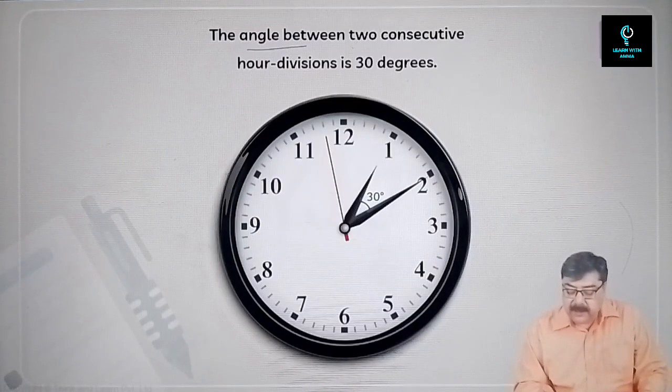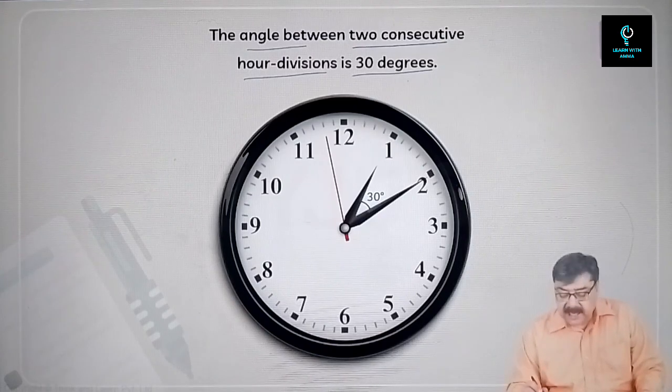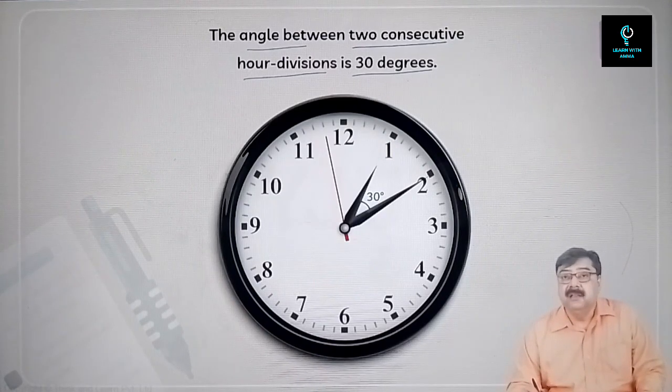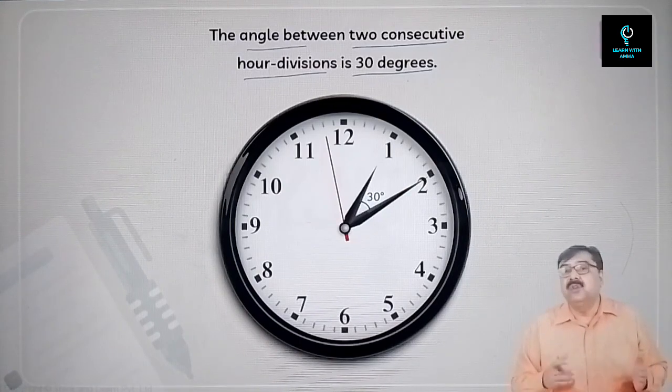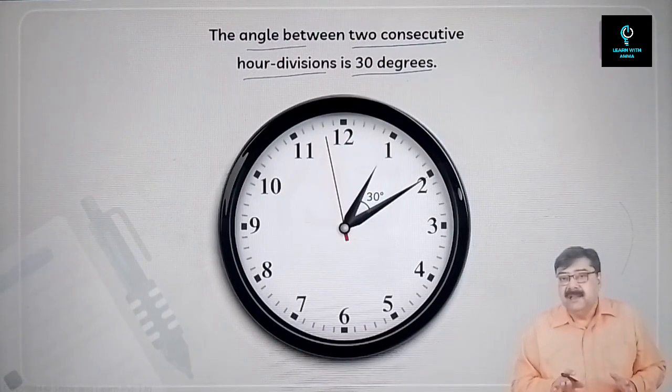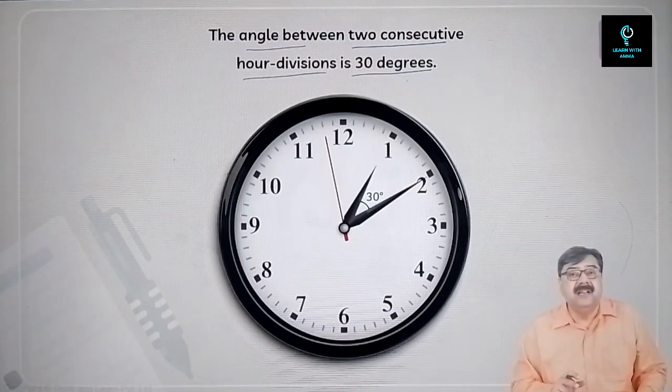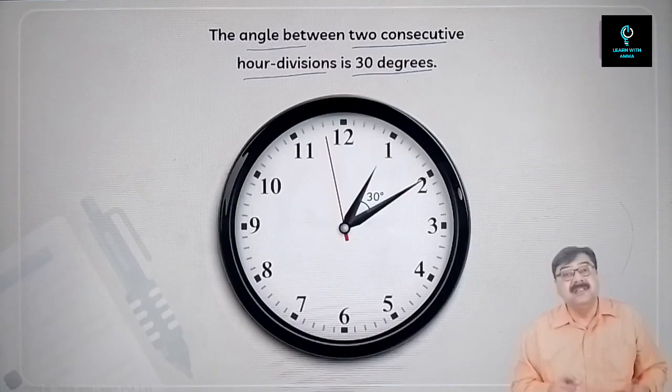The angle between two consecutive hour divisions is 30 degrees. The dial of a clock is circular, or even if it is triangular or square by nature, still the area which is traversed by these needles is circular.